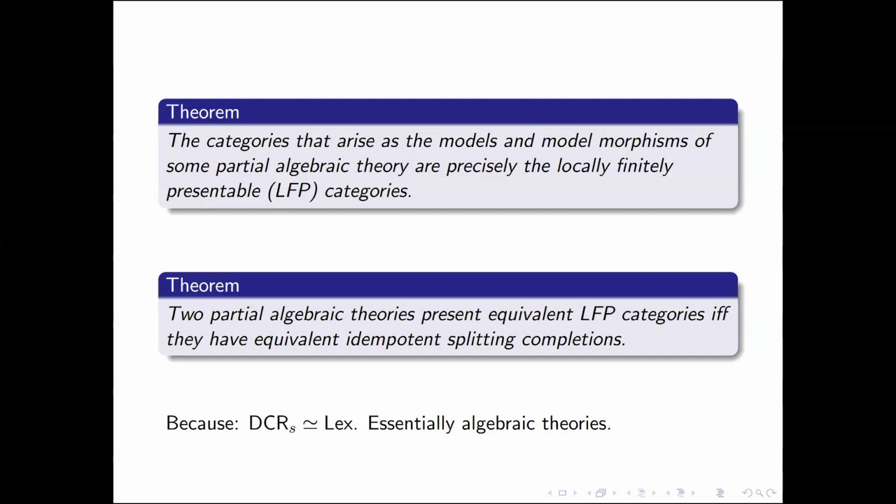So, to answer David's question, for a bunch of reasons on this slide, we know that these are equivalently expressive to essentially, because usually that just means category with finite limits. But yes, DCR is discrete Cartesian restriction, the technical name of the thing that the partial theories are.